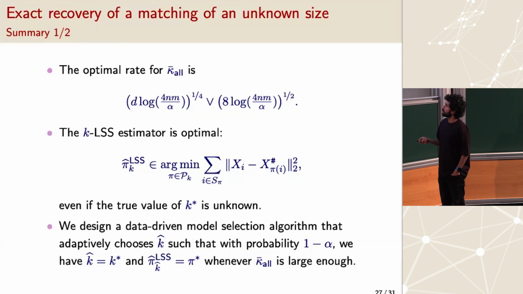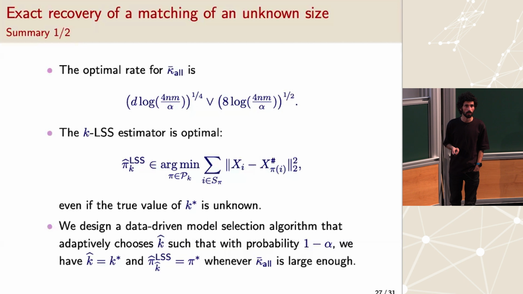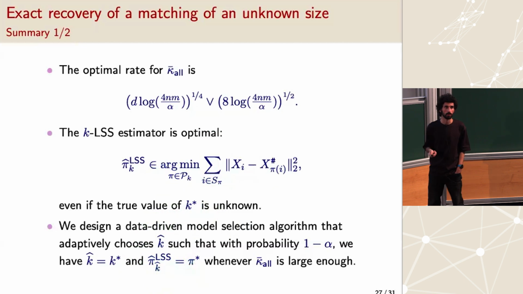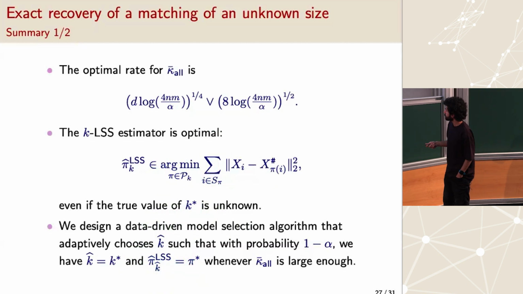So we design a data-driven model selection algorithm that adaptively chooses k, and for that chosen k, the solution pi hat LSS k hat equals pi star with high probability.